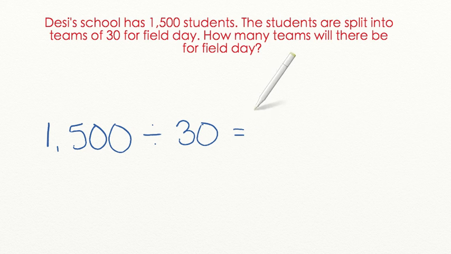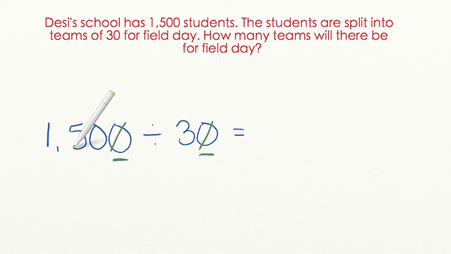To start, we can see that we have 1 0 with 30, but we have 2 zeros with 1,500. Since 30 only has 1 0, we can only underline 1 0 for 1,500. So I'm going to cross off those zeros, and now we have to divide 150 divided by 3. That can still be difficult to do in our heads.